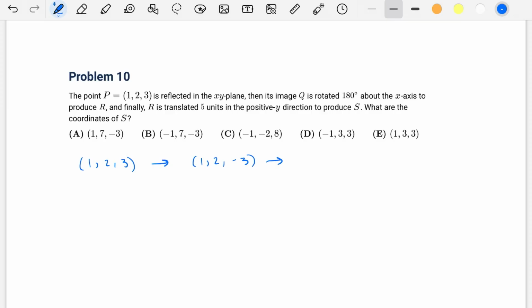So often in the xy plane, we'll have a point (x, y), and we will rotate it 180 degrees, and we will get (-x, -y). This is basically rotating 180 degrees about the z-axis, if this is the xy plane. But instead, we're rotating 180 degrees about the x-axis.